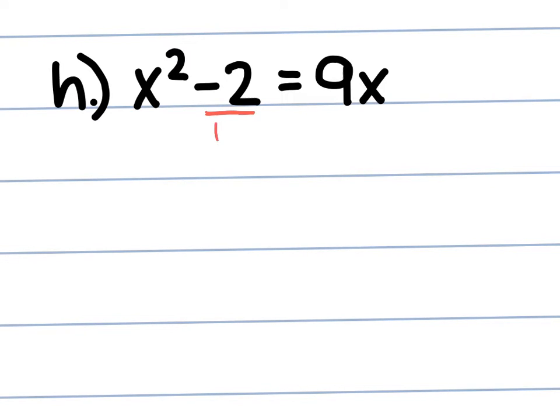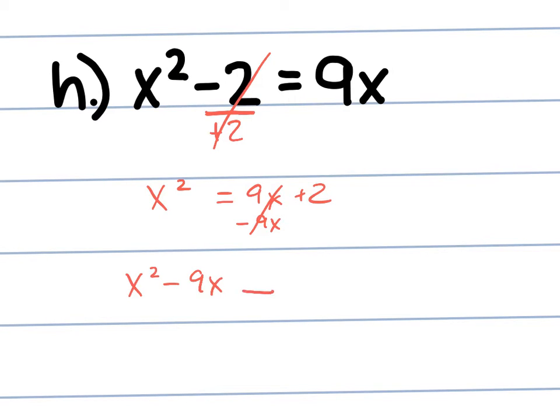So what I'm going to do is add 2, and I'm going to do this in more steps than probably it needs to be, equals 9x plus 2. That's adding 2 to both sides. Then I'm going to subtract 9x, and we get x squared minus 9x. Now there's that gap is equal to 2, because it's the one with the x that we have to take half of. If you had taken half of 2, this wouldn't have worked out.